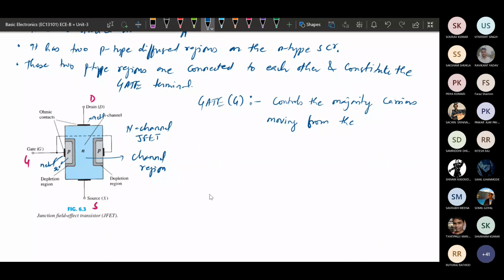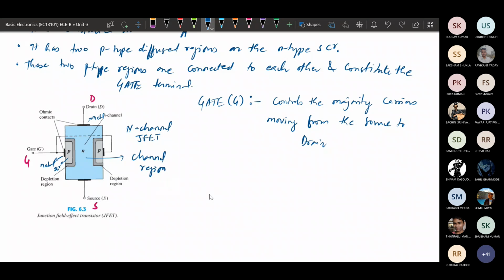Electrons will be moving from the source side to the drain side. Whatever number of charge carriers, that is electrons or majority carriers, are moving will be controlled by this gate. So the gate terminal will be controlling the majority carriers moving from the source side to the drain, basically.